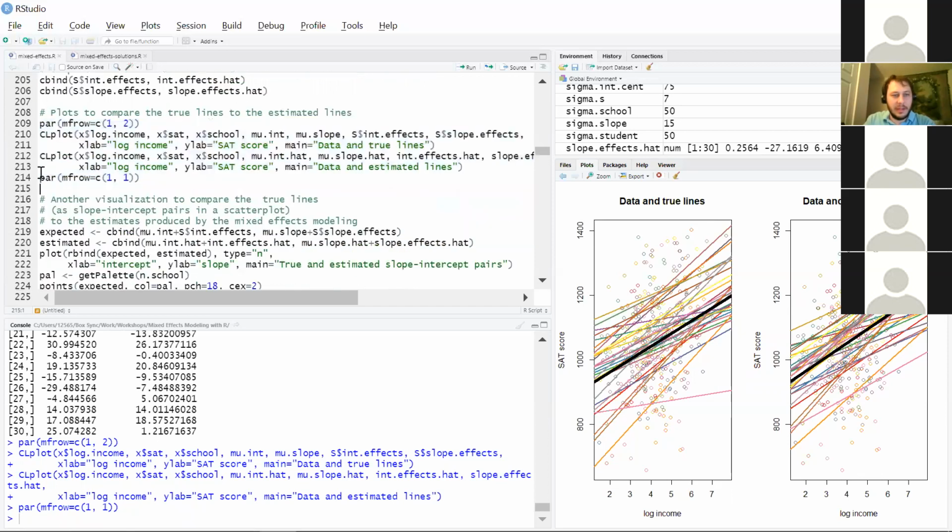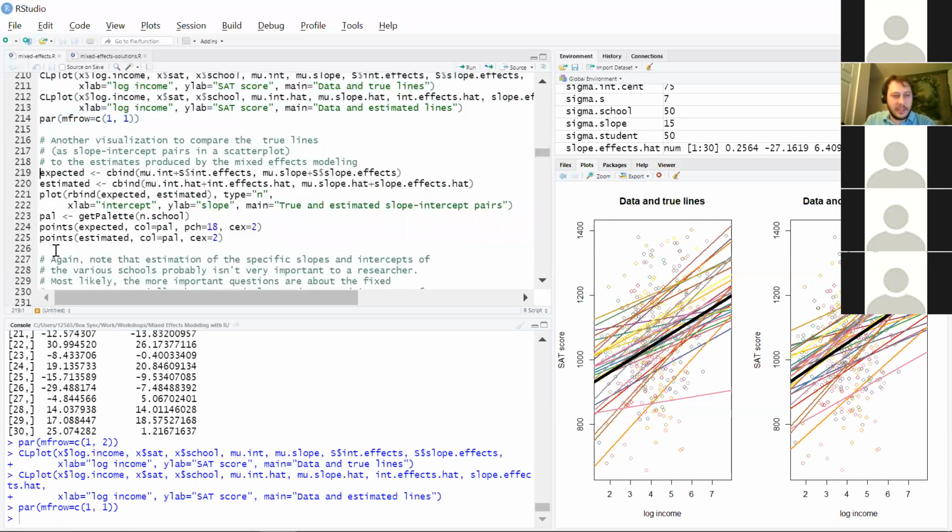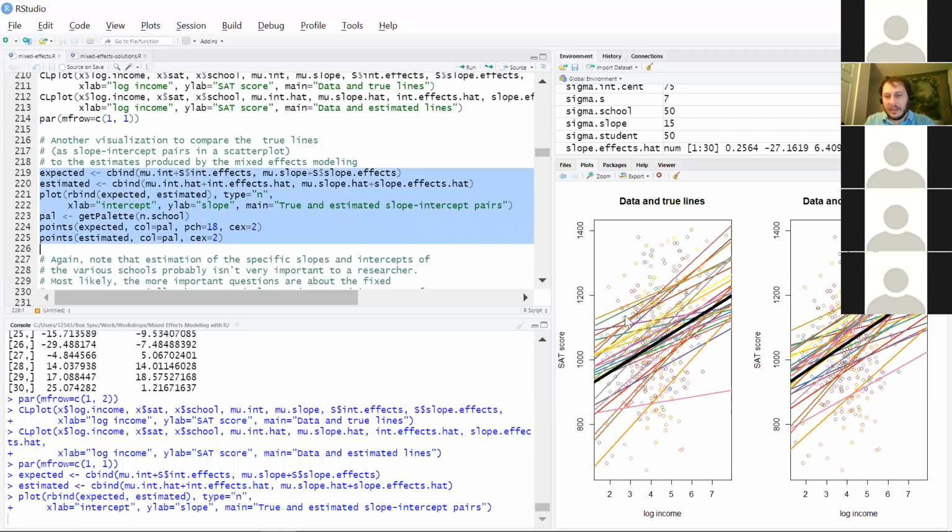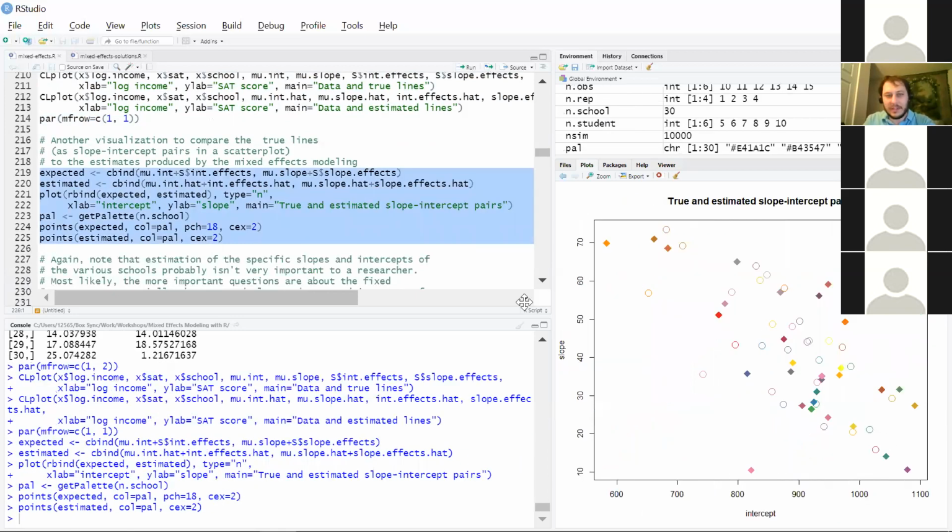I've got another little plot here that I'm going to run just for the heck of it. It's more of a sanity check than anything. So let's see. Every school has its own true intercept and true slope, and I'm drawing those as diamonds here.